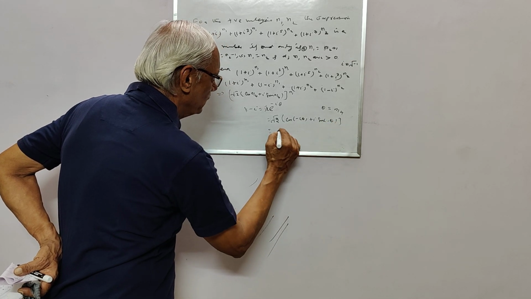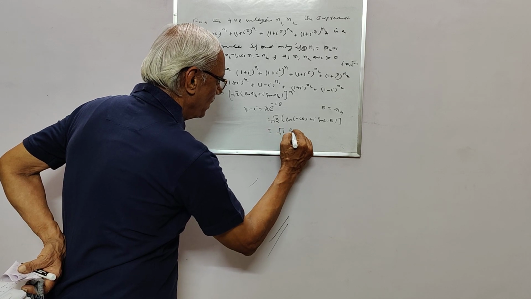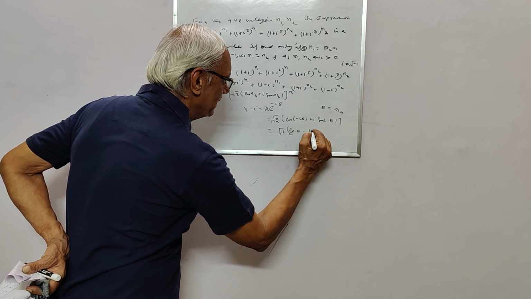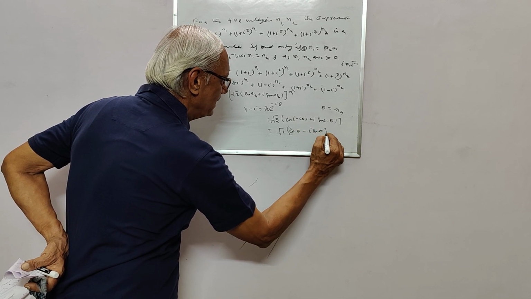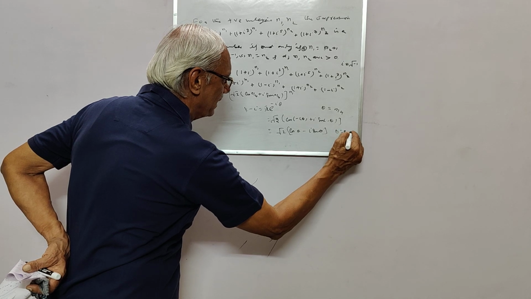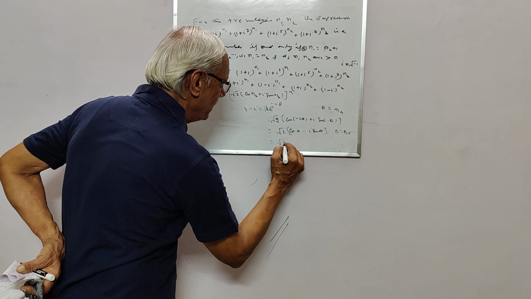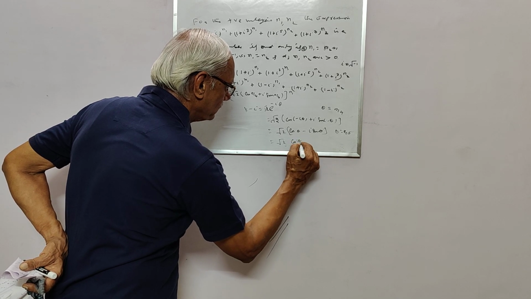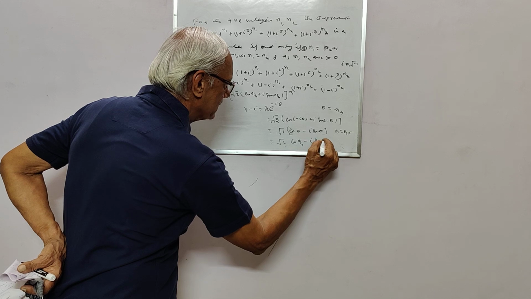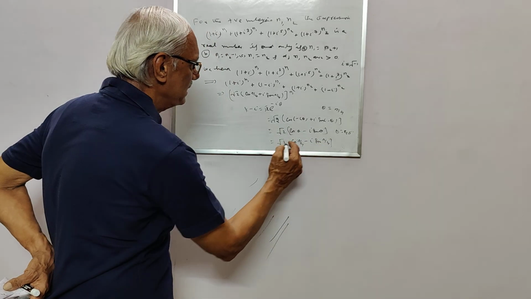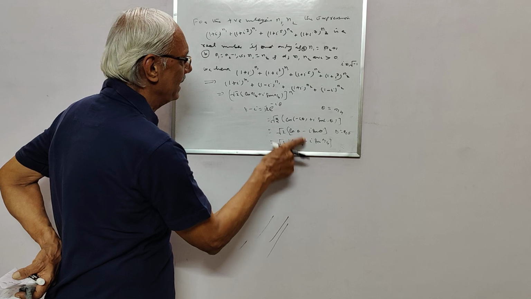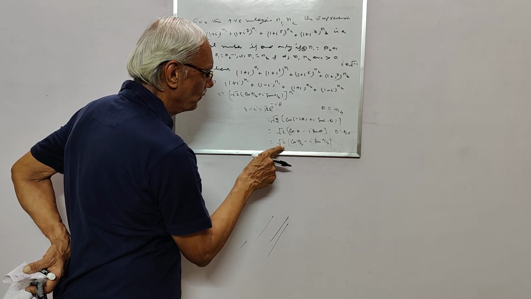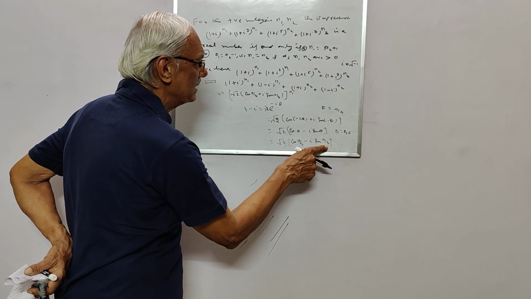Cos minus theta is cos theta and sin of minus theta is minus sin theta, and since your theta is equal to 45 degrees, you will get root 2 cos pi by 4 minus i sin pi by 4. So this is what you will get for 1 minus i. In the place of 1 minus i I can replace it by square root of 2 into cos pi by 4 minus i sin pi by 4.